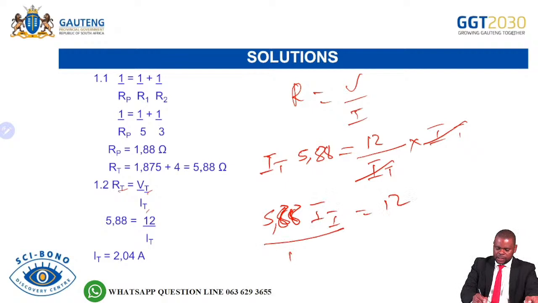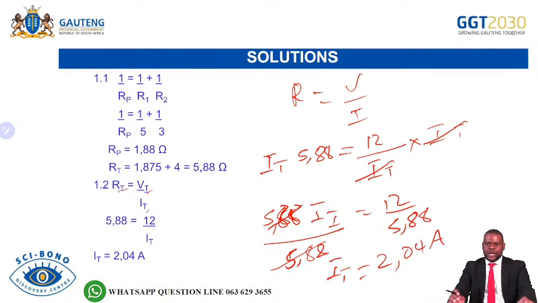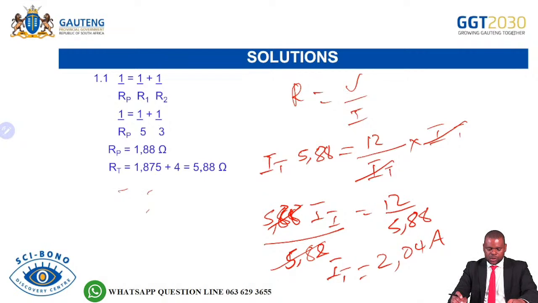Then divide by 5,88 on both sides, because what you do on the left, you also do on the right. Then this cancels this. I total equals 2,04 ampere. Are we together? Yes, that is our number 2.